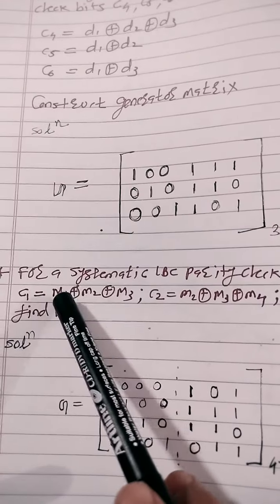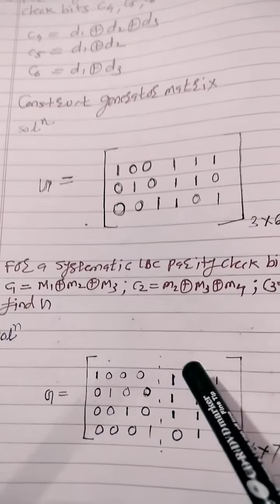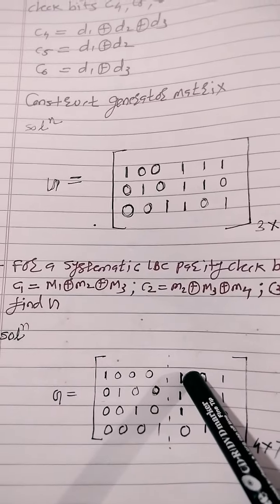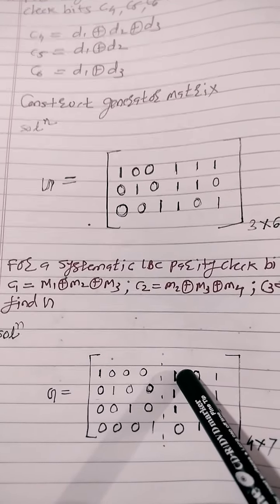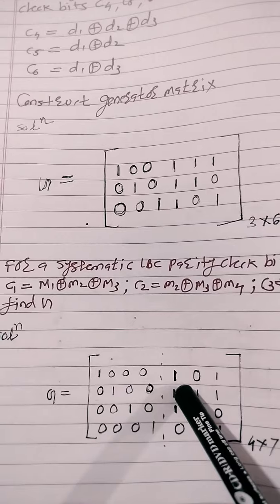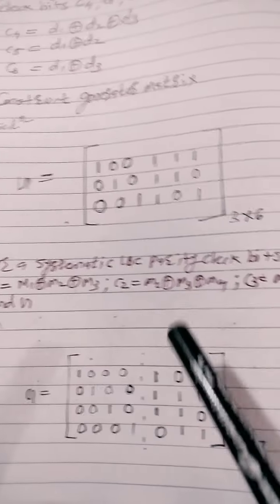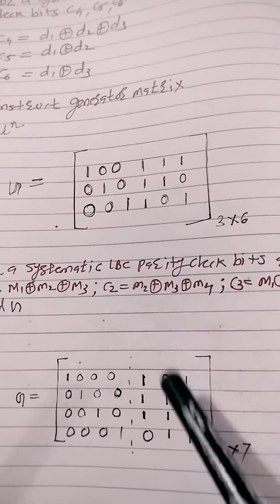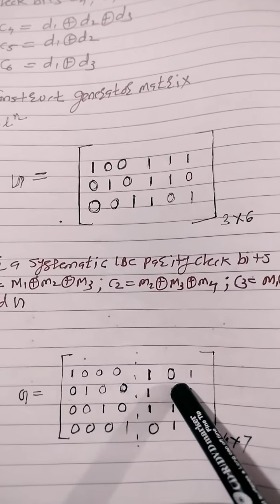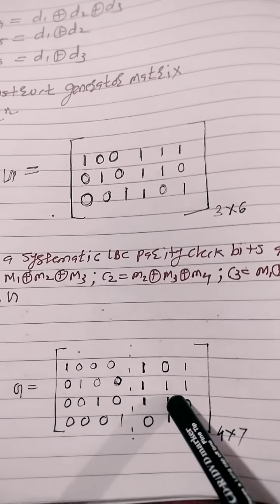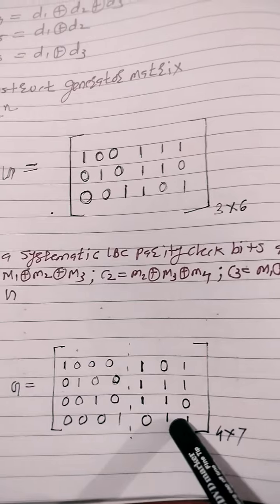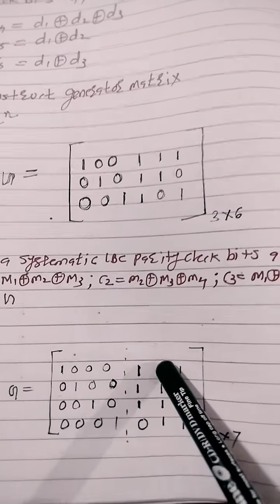So in C1 there is M1, M2, M3. That means if M1 is there, you have to write 1 in the first row, then M2 is there, so 1, M3 is there, so 1. For C2, M2, M3, M4. So M2 second row, so write 1, then M3 1, then M4 1. M1 is not there, so 0.